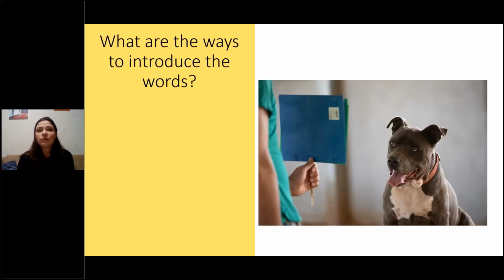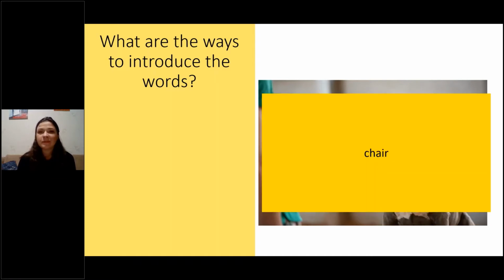What are the ways to introduce the words? Let's imagine the word cheer. How would you introduce this word to your students?